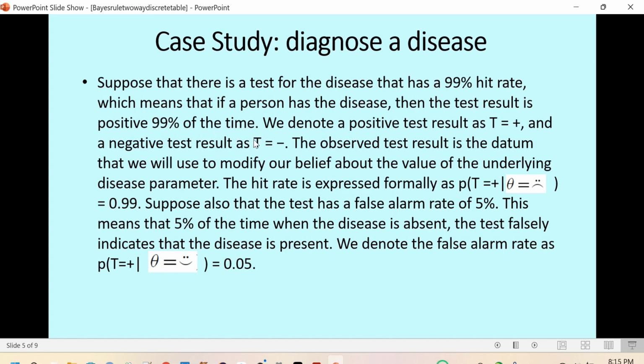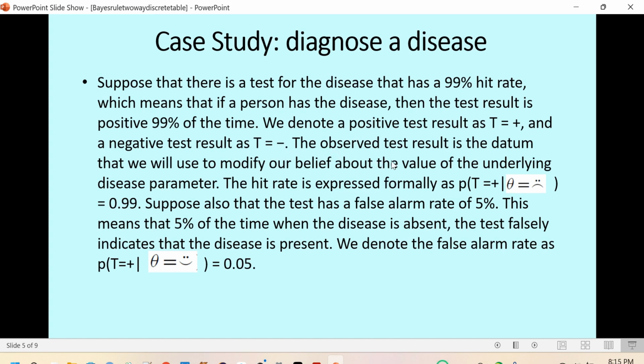We denote the positive test result as T equals plus, the addition symbol, and the negative test result as T equals minus.